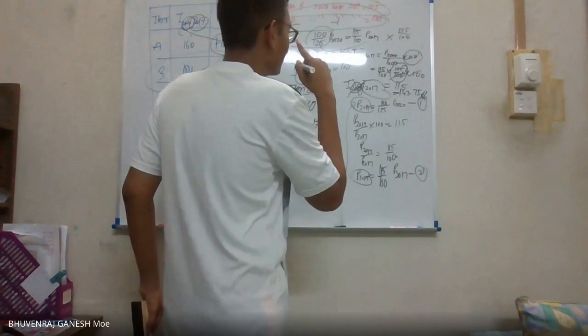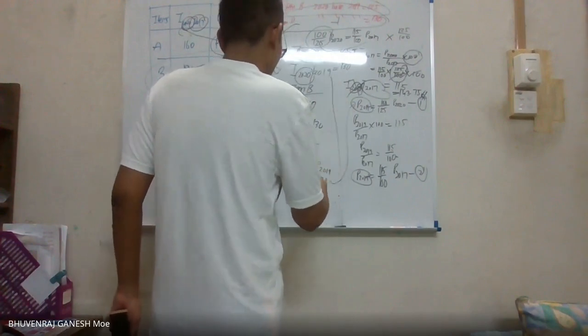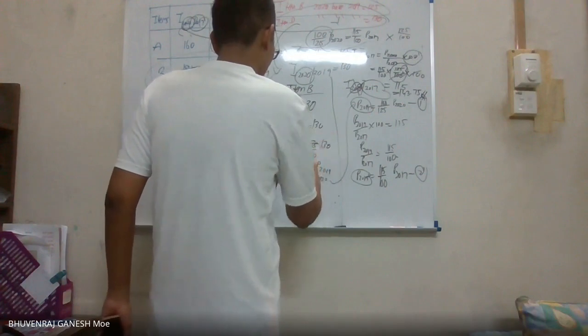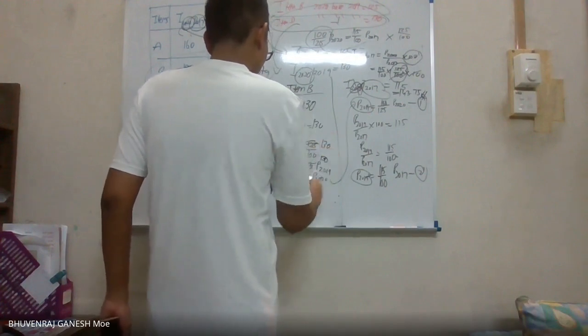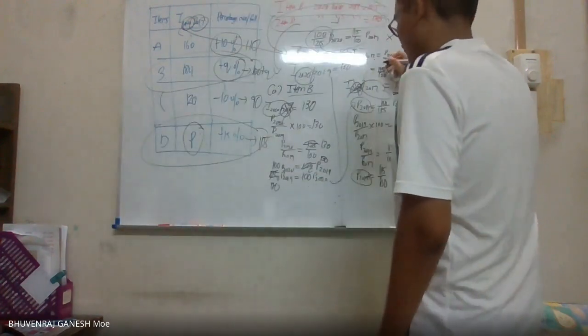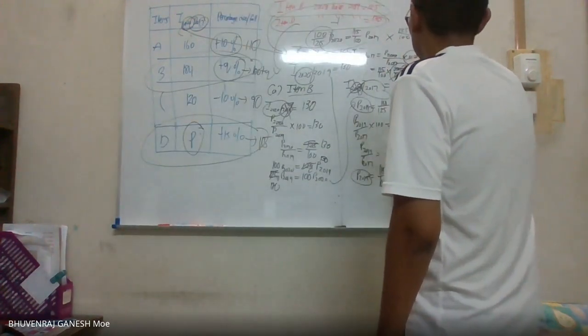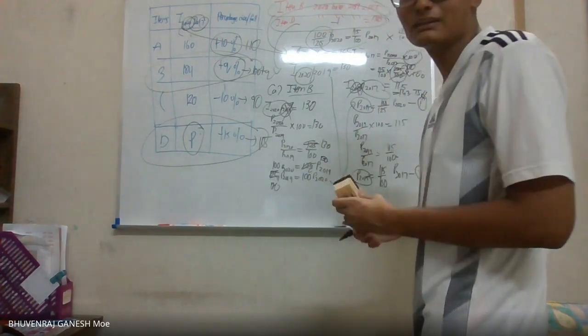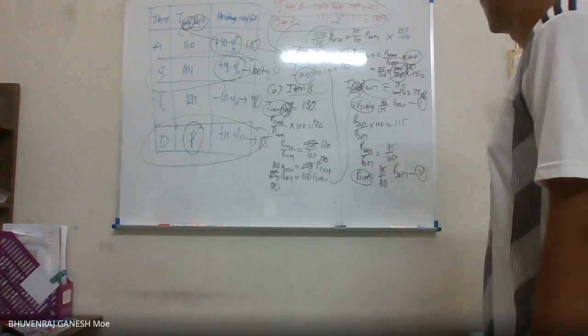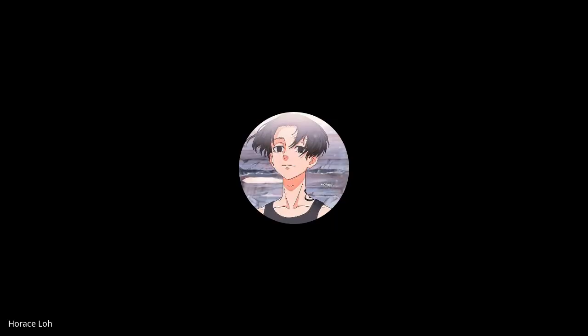Wait, let me see. Change this, change this, change this. 130, 130. This is 130. So it should be 130. So you press 115 times 130. 149.50.